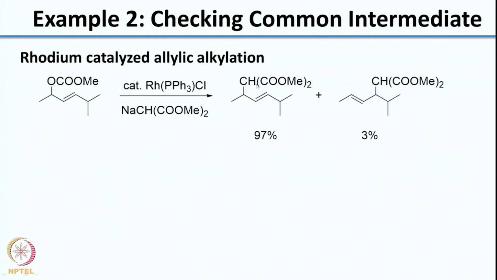The product distribution you get is 97:3. What we are going to see here is what is the nature of this intermediate and how you can use this method of checking for a common intermediate to figure out the nature of the intermediate. In the meanwhile, you can try to work out how this reaction works.